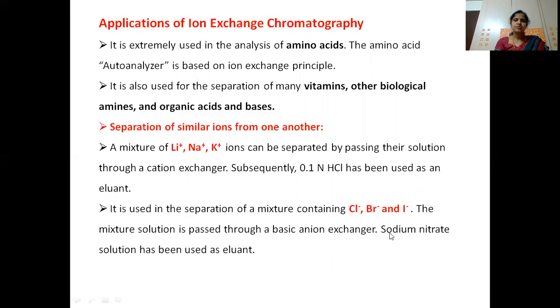So sodium nitrate solution is used as an eluent for the separation of these anions, that is chloride, bromide and iodide. And for the separation of cations such as lithium, sodium, potassium, we will be using HCl. So just by changing the concentration of this sodium nitrate, you can collect these anions at different rates.